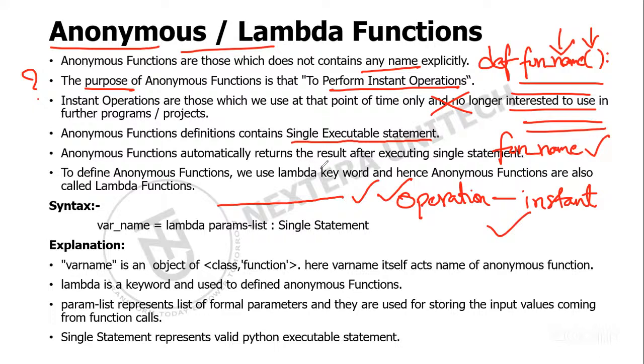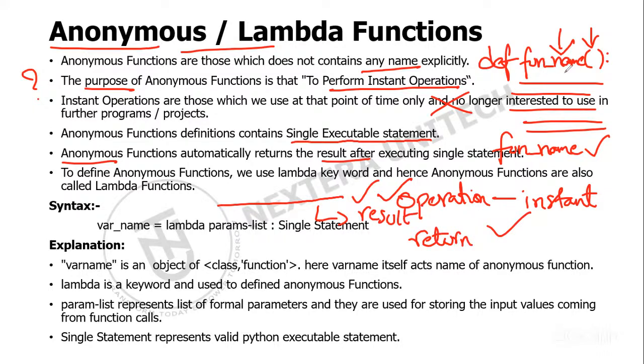And a lambda function or anonymous function returns the result after executing this single statement. Post executing this statement, we'll get the result. We need not use any keyword like return.